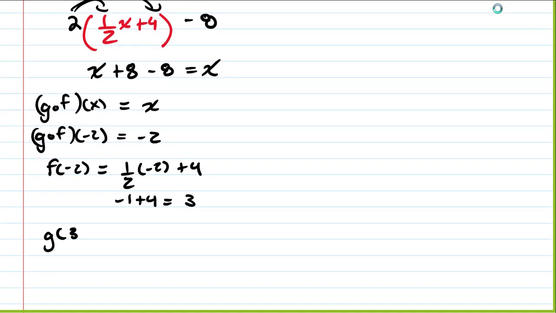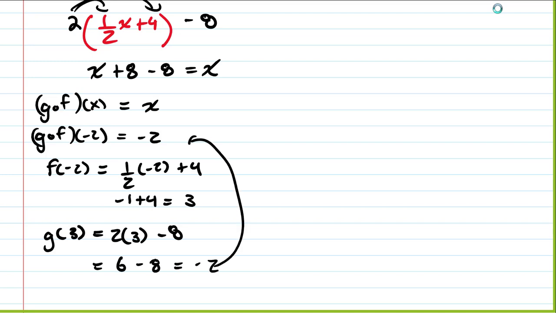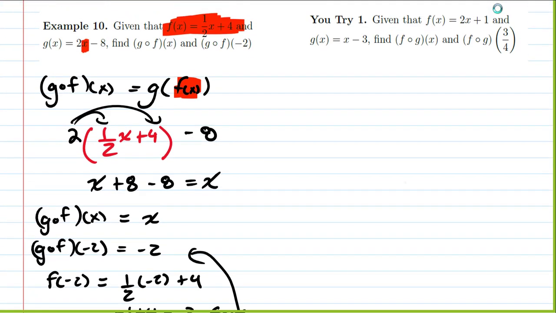And g of 3 is going to be 2 times 3 take away 8. 2 times 3 is 6 minus 8 gives me negative 2, which is the same thing that I got when I did the composition and then evaluated, as if I did each of the computations individually: calculate f, find the output, take the output of f and put it into g, and get the corresponding value.